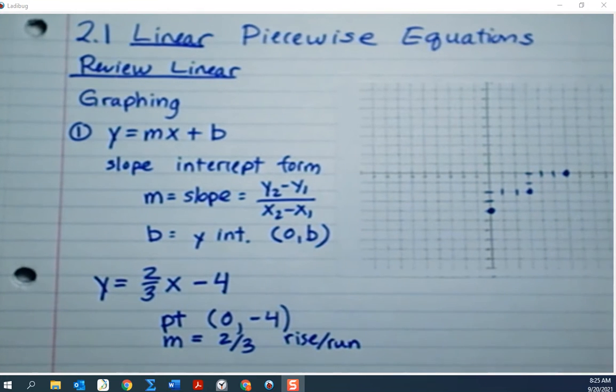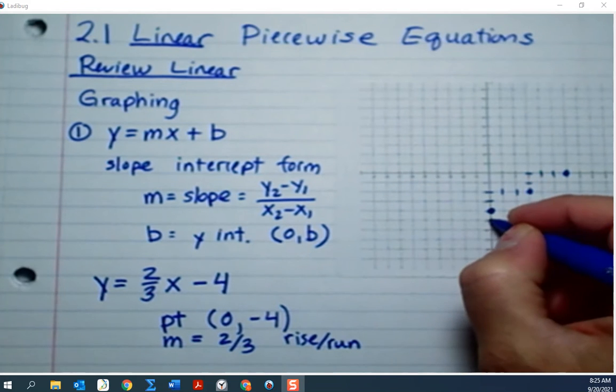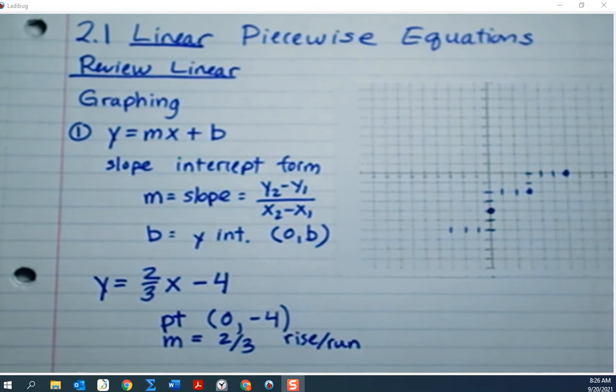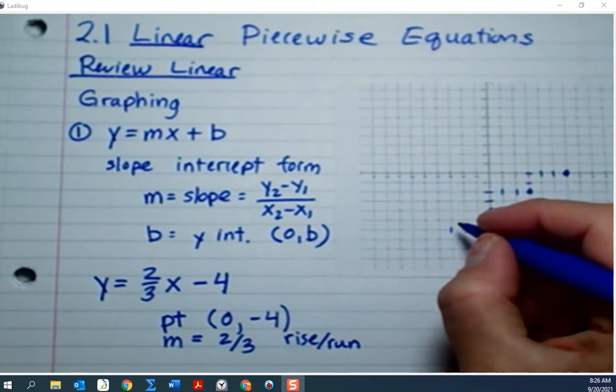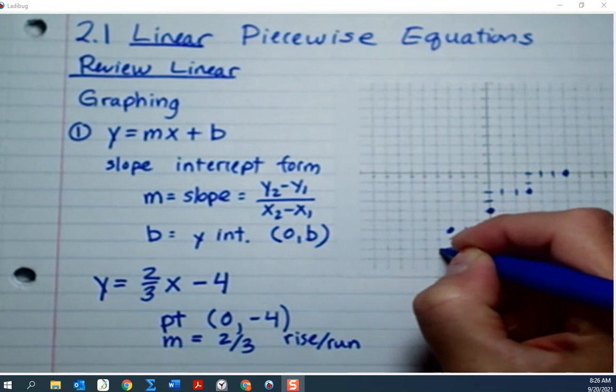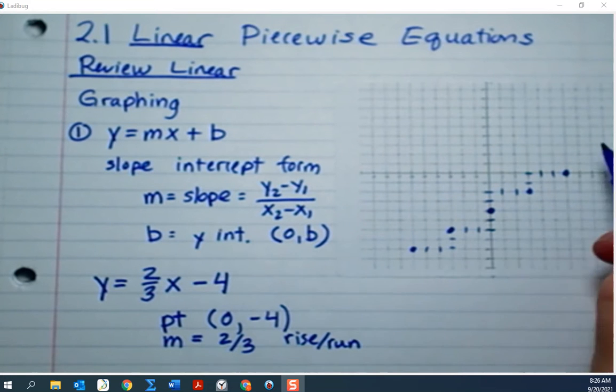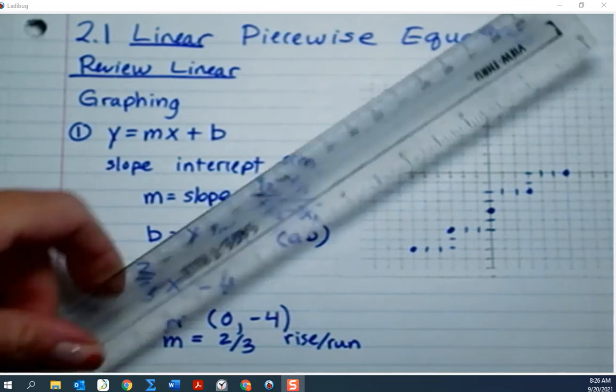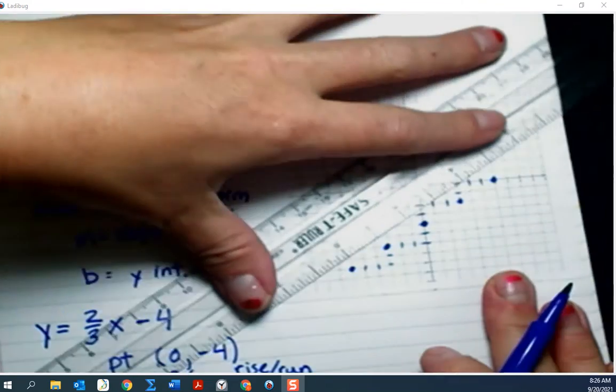Now you can count in both directions. You can count to the left too. Just make sure -2, -3, because two negatives make a positive. And connect. So you got little straight edges so that you can make it really neat.